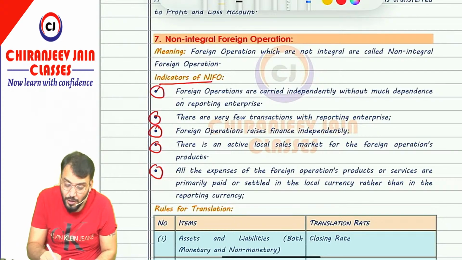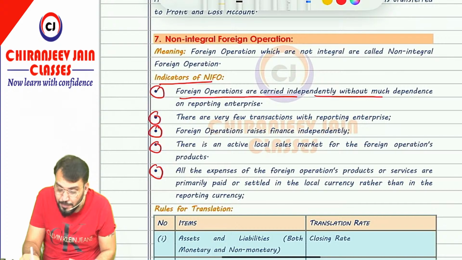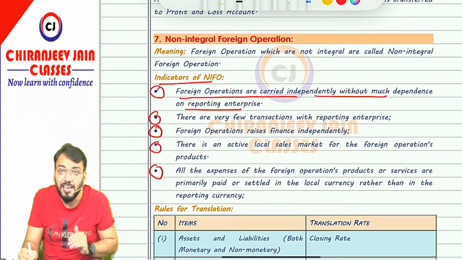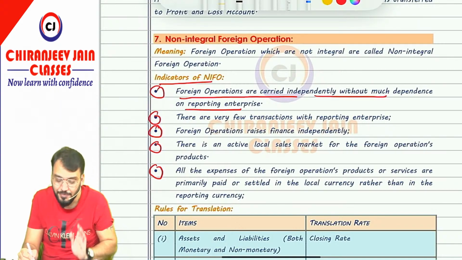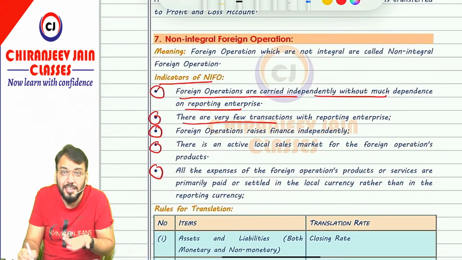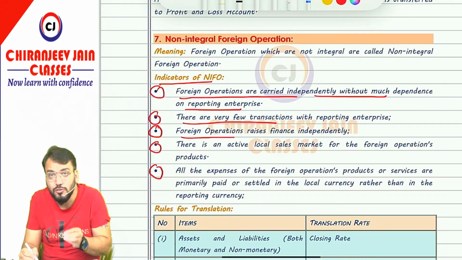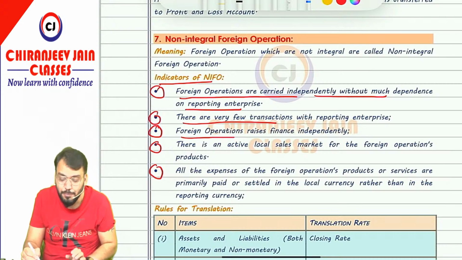What are the indicators? Foreign operations are carried on independently without much dependence on the reporting entity, means they carry out all the activities independently. There are very few transactions with the reporting entity. Foreign operation raises its finance independently, means they do not require support of the Indian reporting entity.